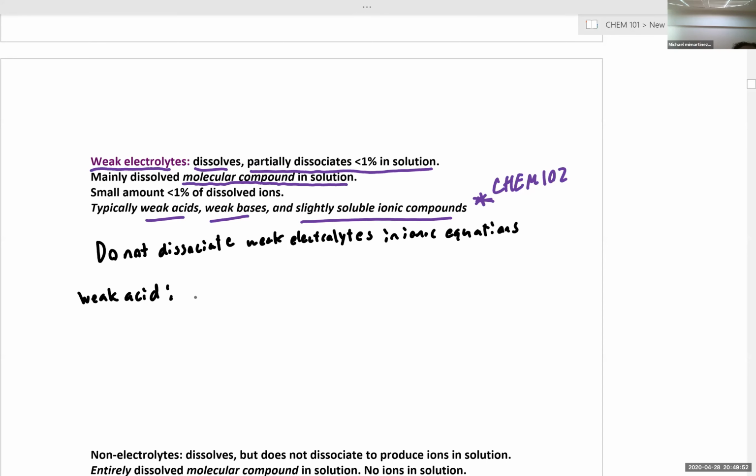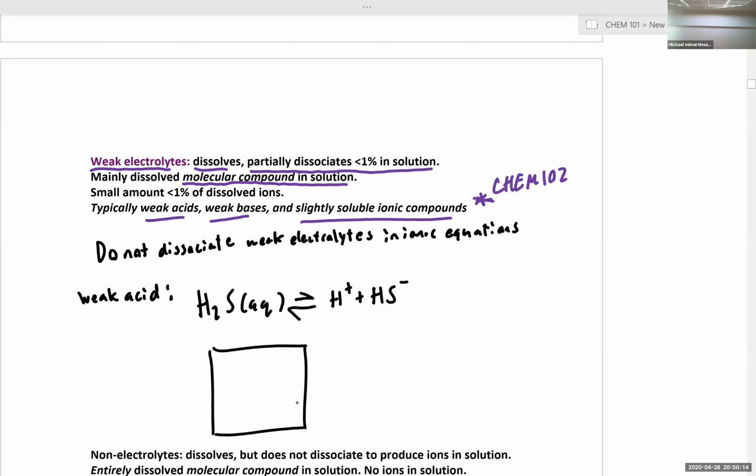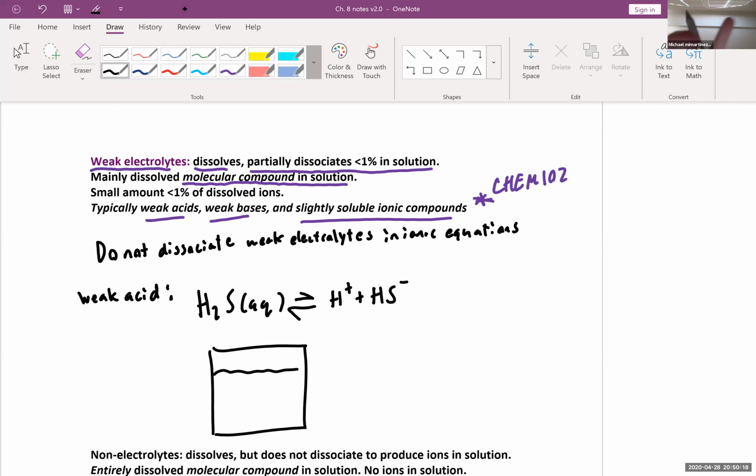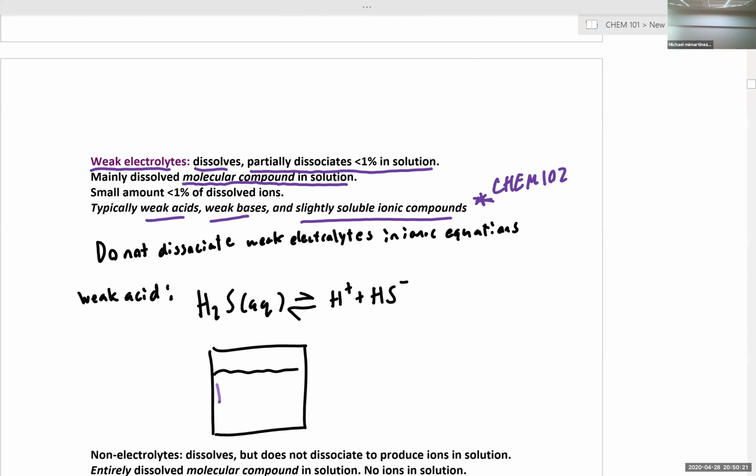So for our weak acid, we have H2S, aqueous, and we draw it as an equilibrium. It could technically break down to yield H plus and bisulfide anion. But in reality, if we drew a picture of our weak acid, for the most part, we'd see mainly our molecular compound in solution.